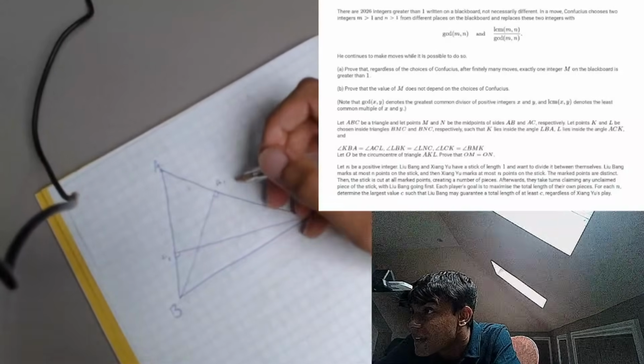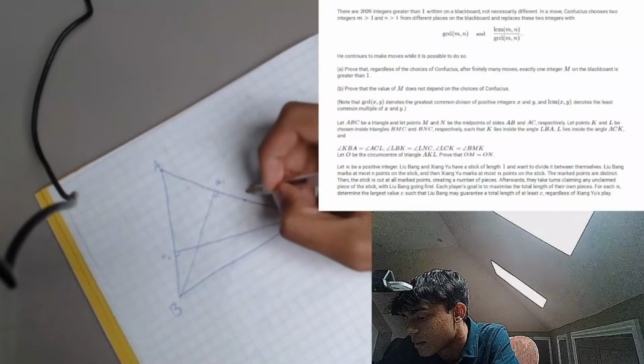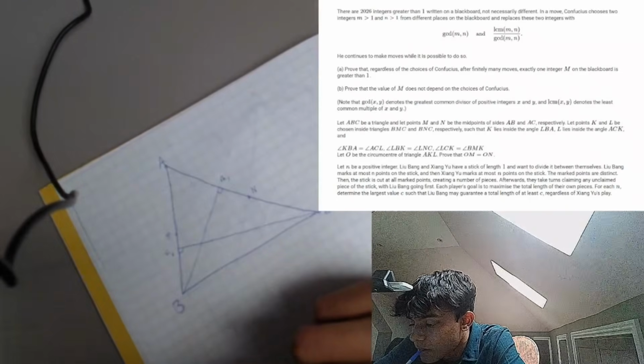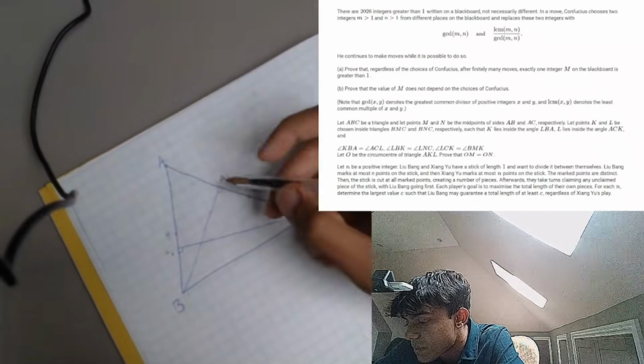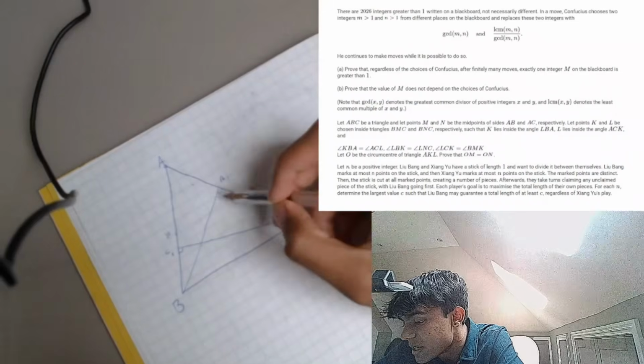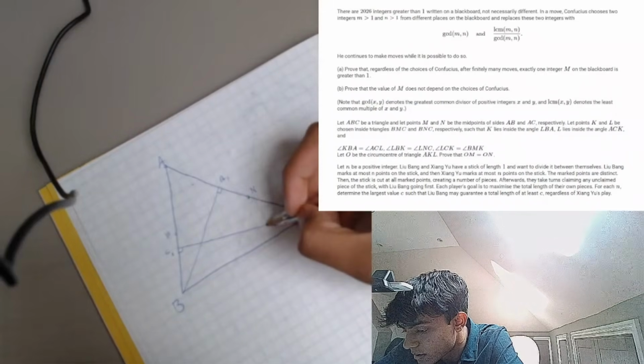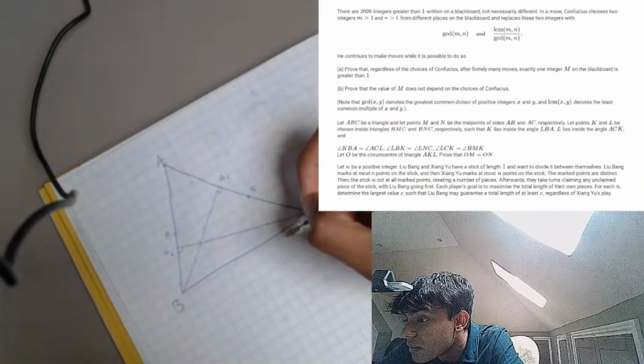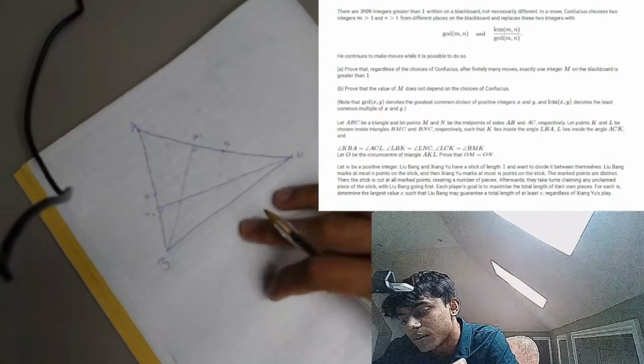Which one is which? N is the midpoint of AC, okay, and M is the midpoint of AB. Right. And now to construct K, we have the circle B1N meets CC1 at, which one is this? L, okay. I forgot. It's fine.